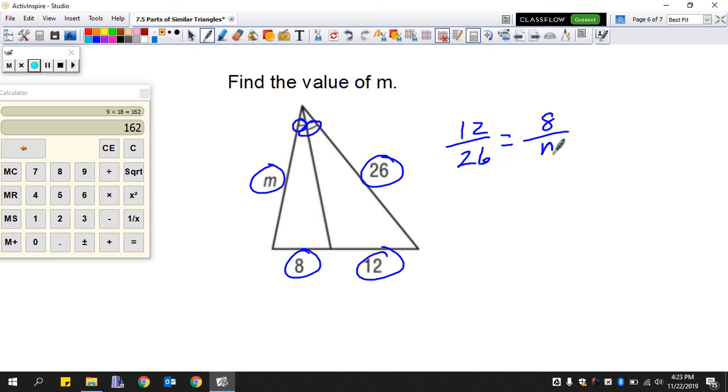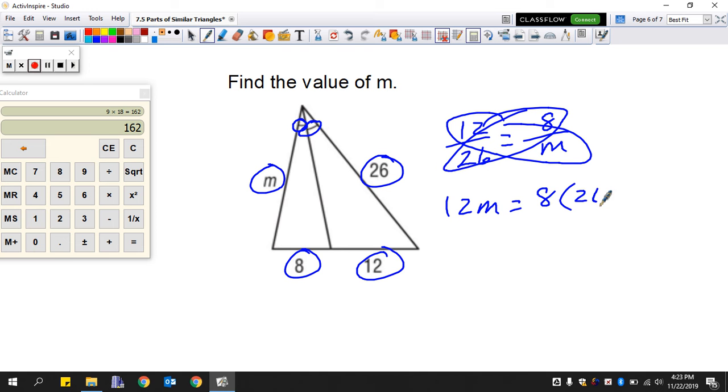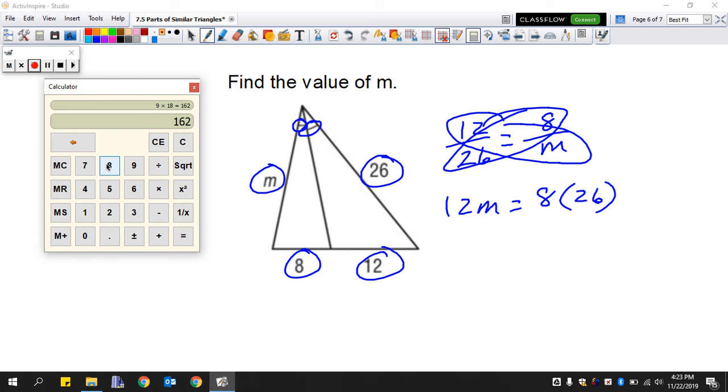All right, cross multiply. So 12 times m is 12m, which is equal to 8 times 26. When we do that, 8 times 26 is equal to 208. So 12m is equal to 208.